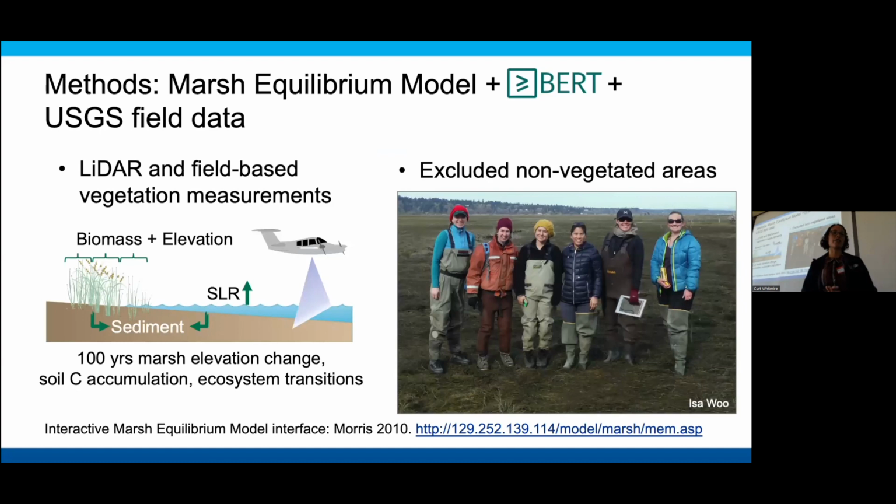And to get data for this model, I used publicly available USGS field data from past studies in the Nisqually River Delta. And this included that high resolution LiDAR map. There was biomass data for the vegetation that came from quadrat data, and then baseline sediment supply from hydrological models.